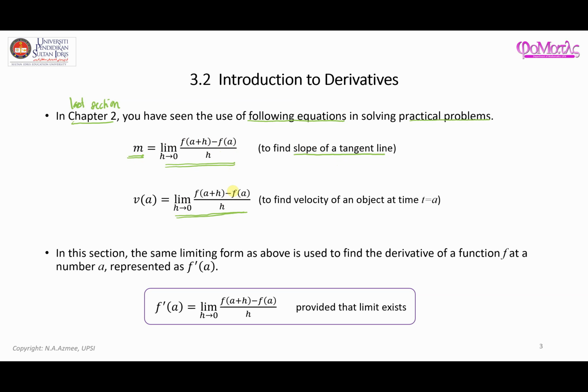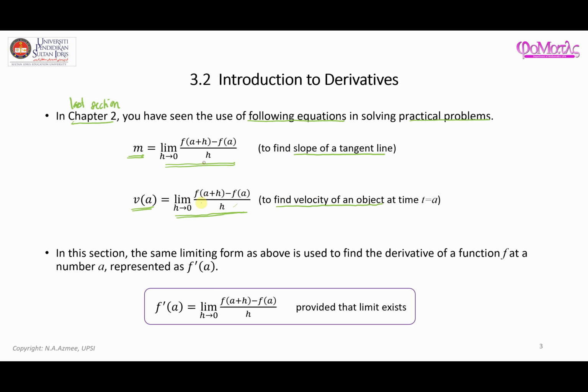Whereas in this second problem given here, this expression is used to find the instantaneous velocity of an object at a specific time, and so for this purpose, this expression is labeled as v(a), where v here stands for velocity.